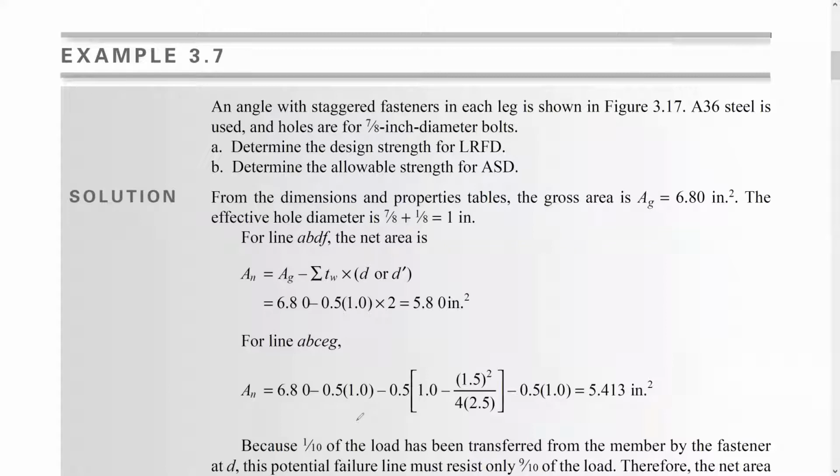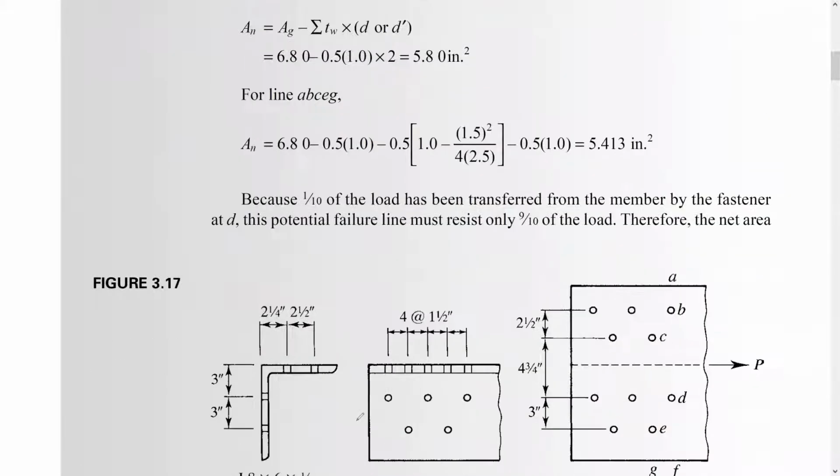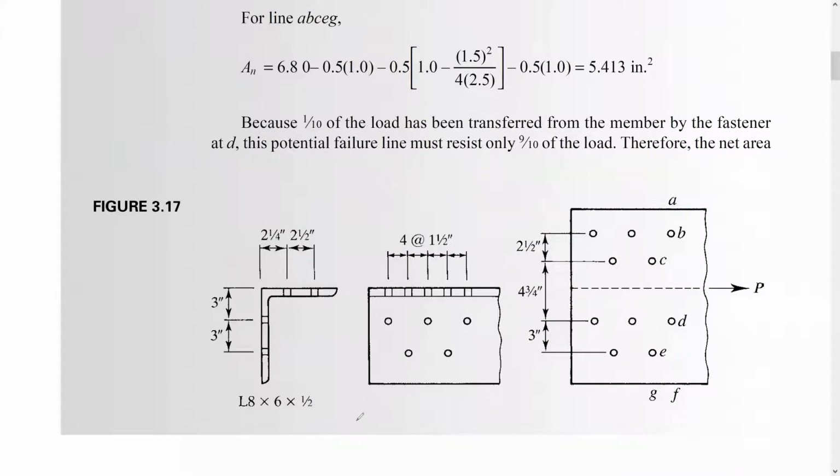Example 3.7 says an angle with staggered fasteners in each leg is shown in figure 3.17, and this is figure 3.17. If you see here, we do have the cross section, 2 lines of bolts. This is the first one here, and this is the second one here with 2 bolts.